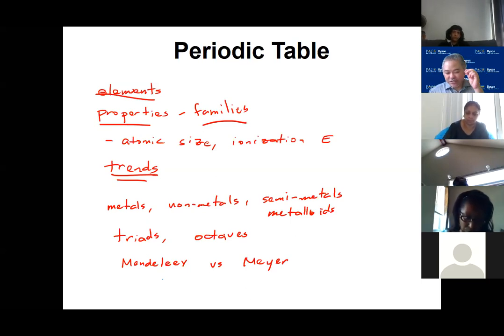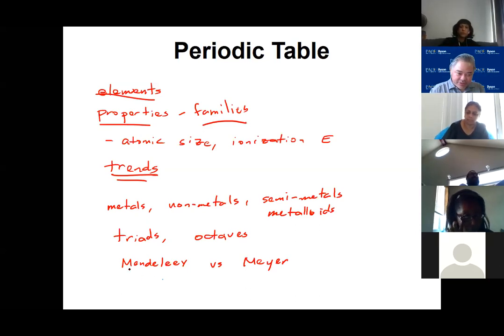Okay. Now the octaves, on the other hand, I think it's Newlands. He tried to arrange the periodic table in terms of properties, and he found out the eighth element has the same property as the first element. So he called it the law of octaves, just like the musical notes, right? The do, re, mi, fa, sol, la, ti, do.